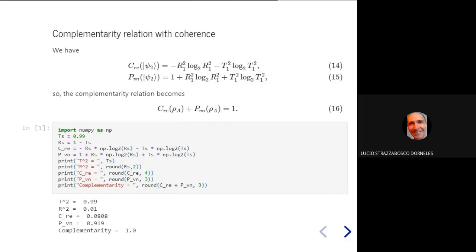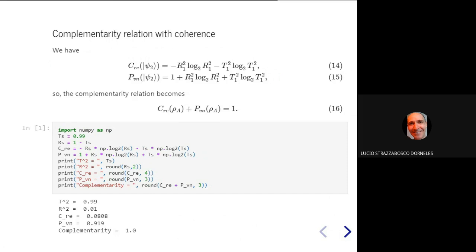So now we use these relations about the coherence and predictability, using the state of the system, right? So the result gives us, we obtain for the C2, these conditions.